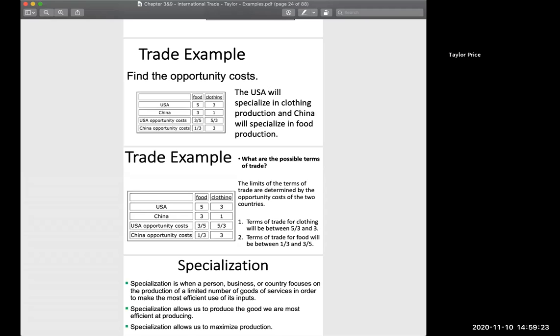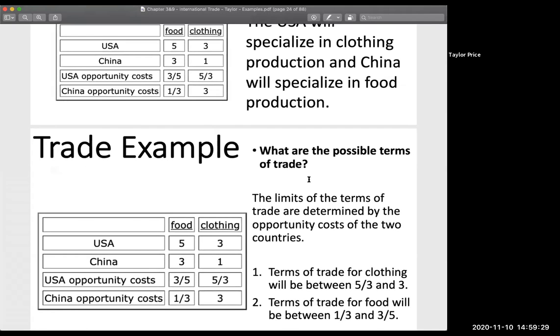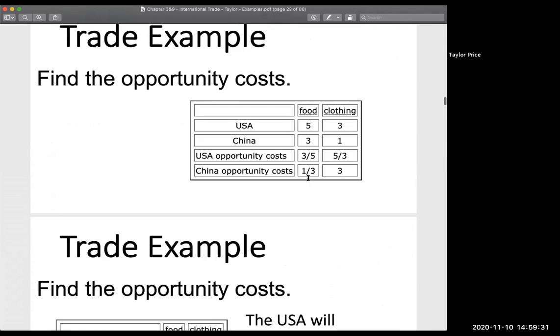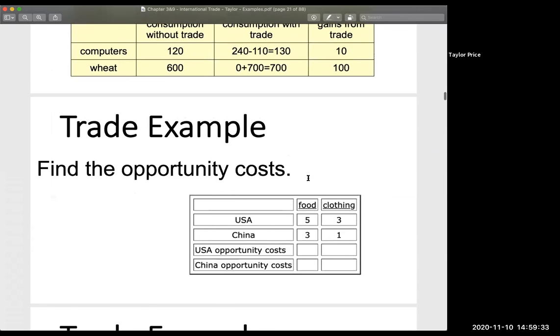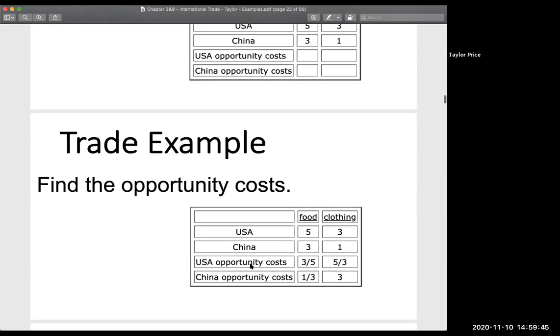So this is a pretty simple example, but the nice thing is this example is basically going to be true for all variations of the problem. So you first start out here with a very simple table that shows you the production in the US and China for two different goods. Then we fill in the opportunity costs for the good, which is pretty straightforward.